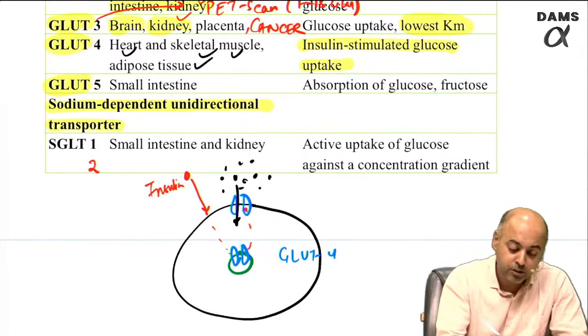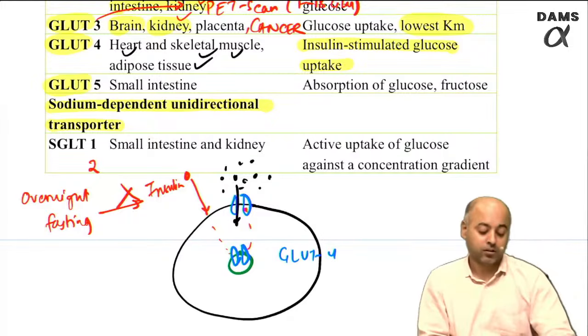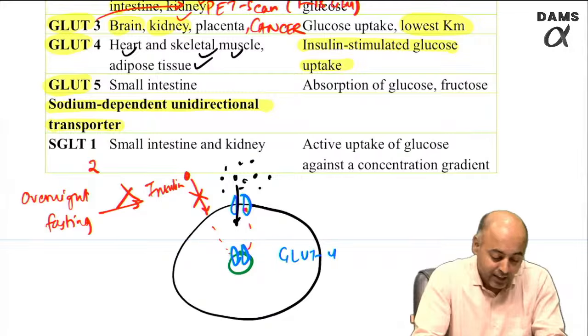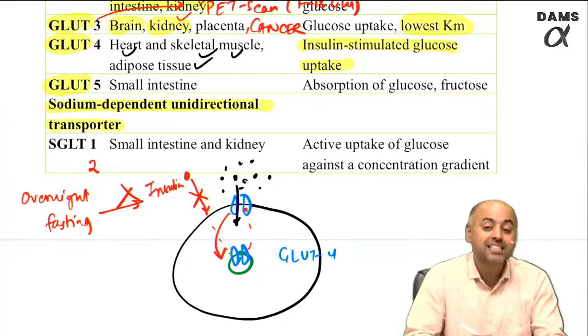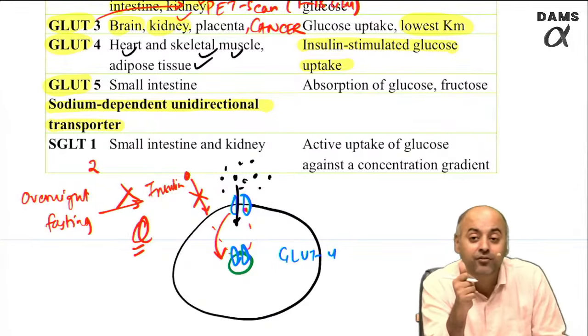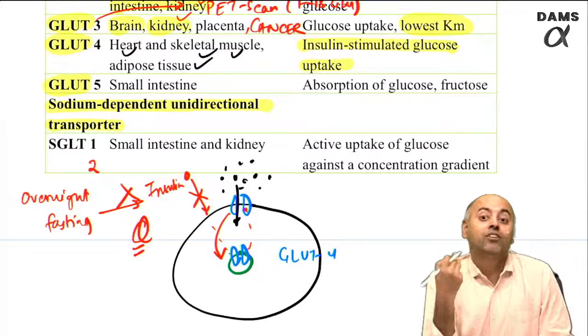What this also means, when there is overnight fasting, the insulin level will fall, right? When insulin level will fall, the signal to the cell will also fall, and the transporter will go back inside. So this is another very important question. After overnight fasting, the concentration of glucose transporter is reduced on which tissues? Wherever GLUT4 is present.